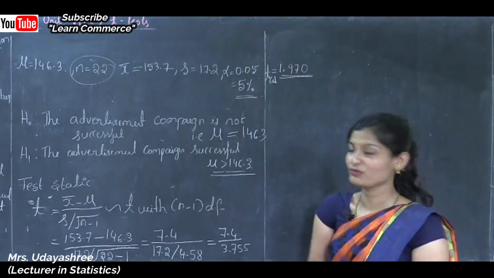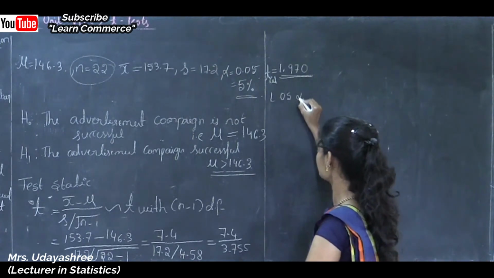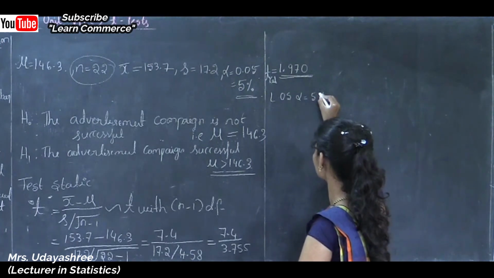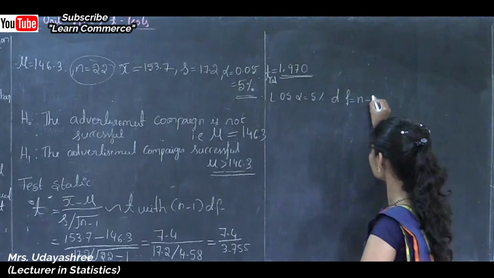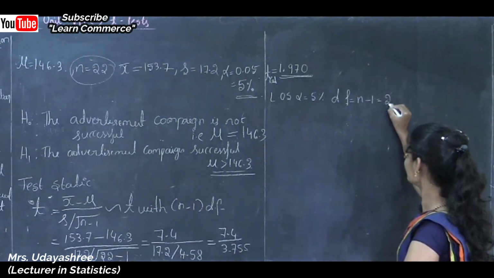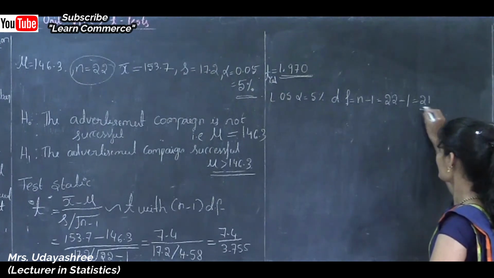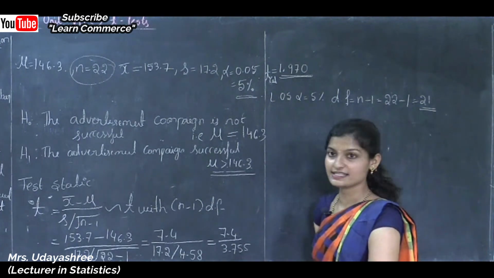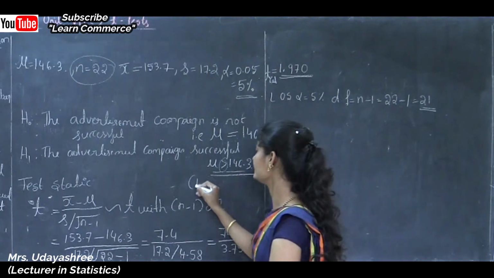Next, move to step 4. The level of significance alpha is equal to 5%, and the degrees of freedom, n minus 1, is 22 minus 1, that is 21. Since the sign is greater than, this is a right tail test.